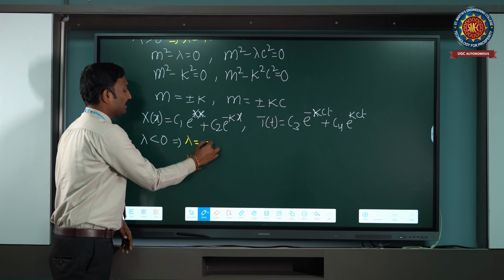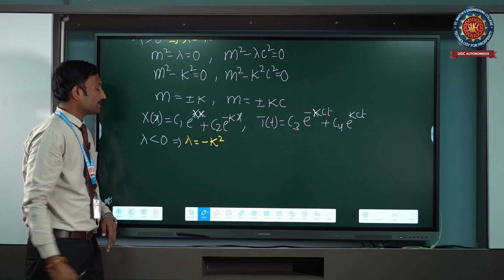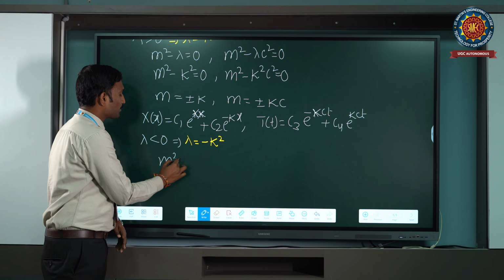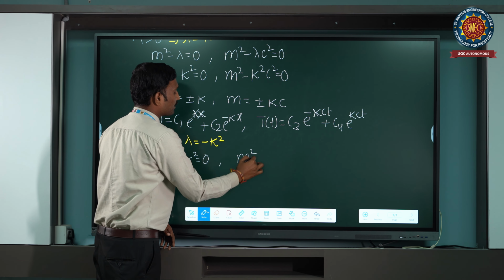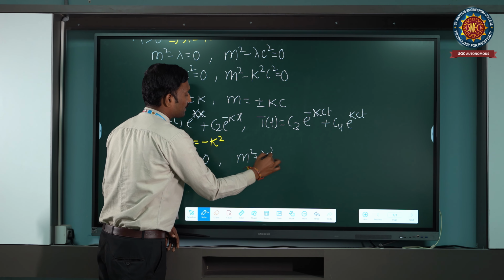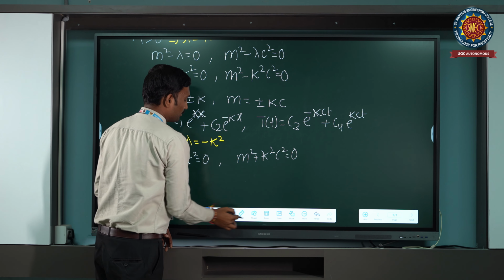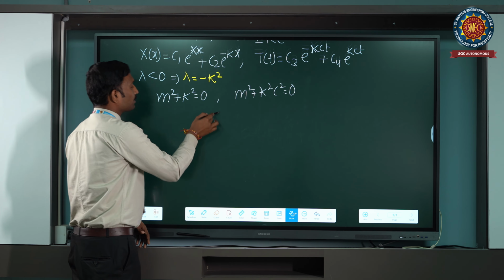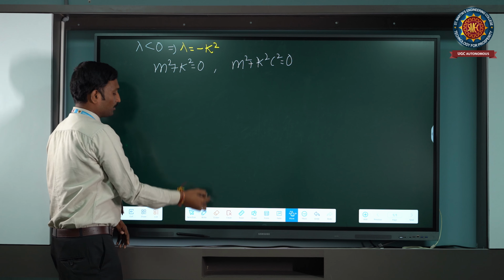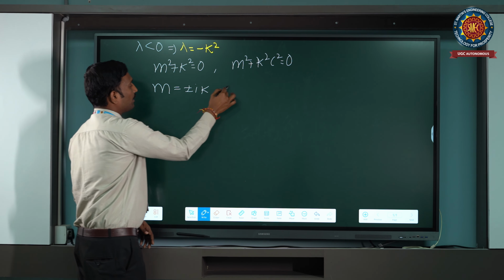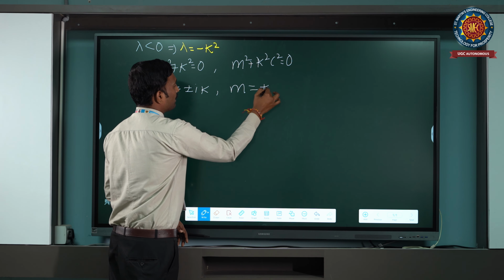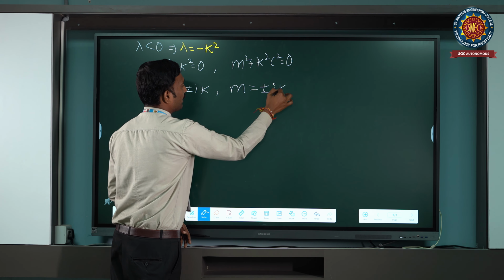Next, if we consider lambda less than 0, that I am taking as lambda equals minus k square, then the auxiliary equation becomes m square plus k square equals 0 and m square plus k square c square equals 0. Then we got the roots m equals plus or minus ik, and here m equals plus or minus ikc.